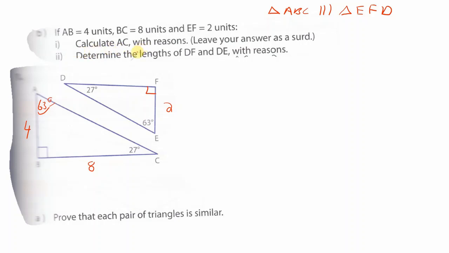Firstly, calculate AC with reasons. Leave your answer as a surd. So now what I already detect in triangle ABC is we have 2 of the 3 lengths. We have a 90-degree triangle, so we can use Pythagoras to get the third length.